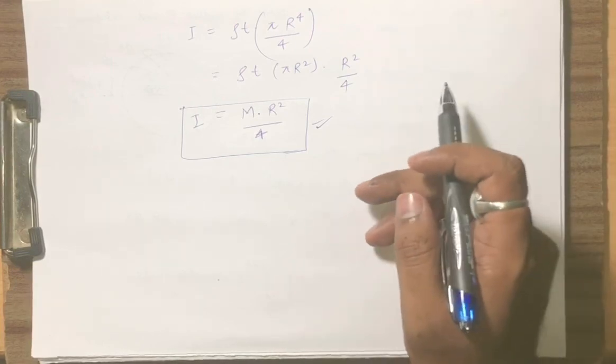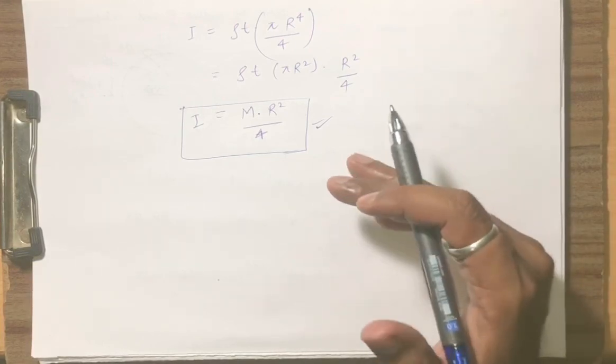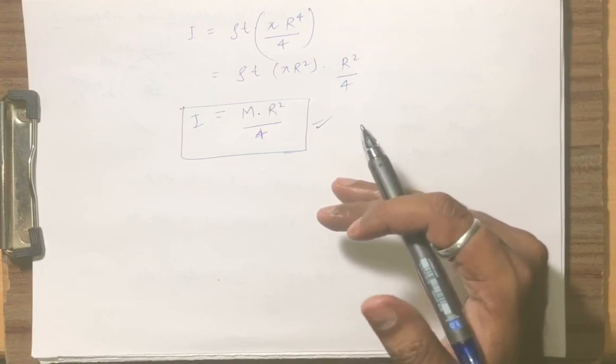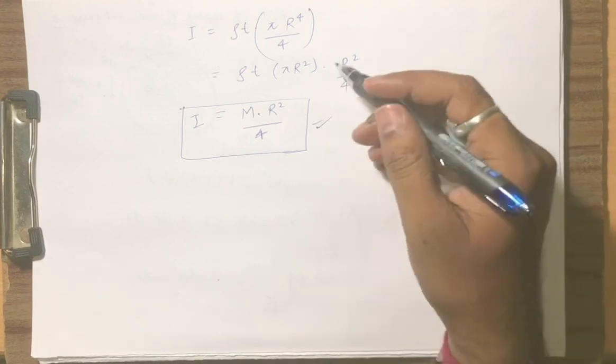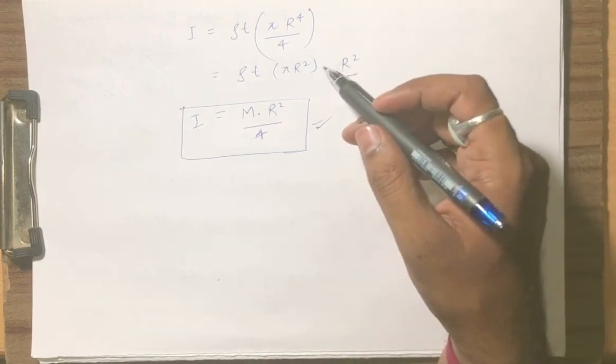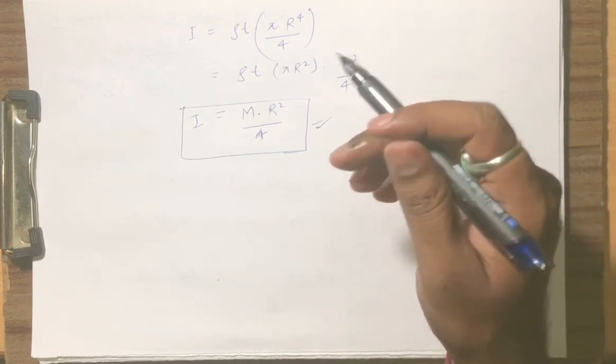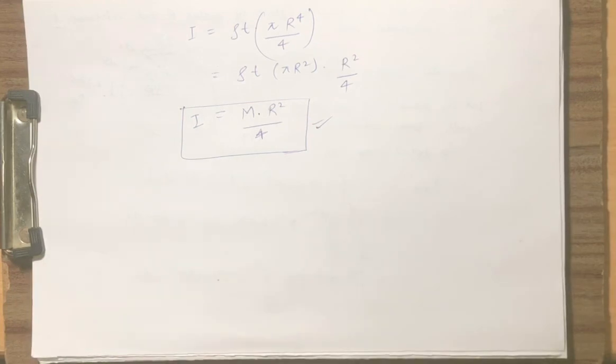Now we will be moving to the moment of inertia of area. I did not actually teach this in the class, but for your revision purpose I have solved some problems for this, because you have already learnt this in 11th class.